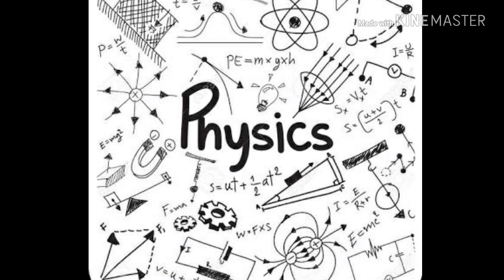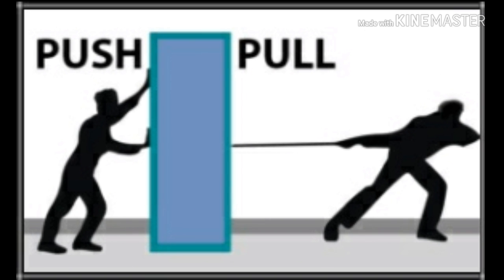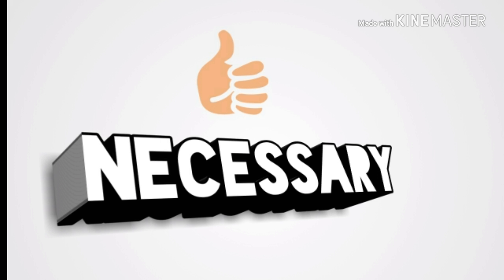The first chapter which we are starting with is force. We come across several cases in our daily lives where we apply force every day. So it becomes necessary to know what force is and how it moves a body.